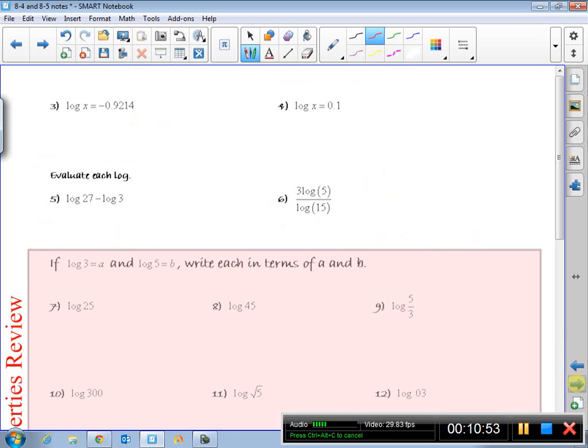Okay, let's do a couple more. Find x for this and find x for this. Maybe pause and try it on your own.